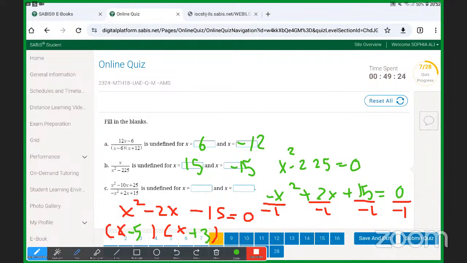Negative 5 and 3. No, come on. We take each bracket and make it equal to 0. So x will be what and what? Say again. Oh, negative 3 and 5. Negative 3, yes, and 5.